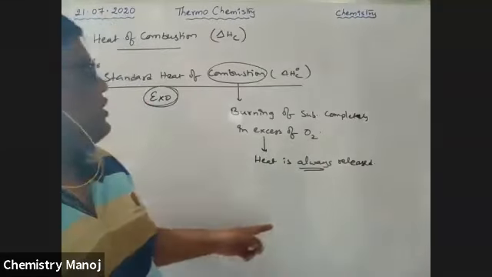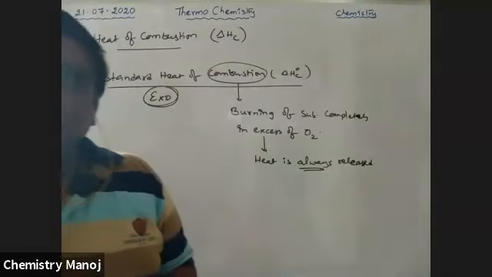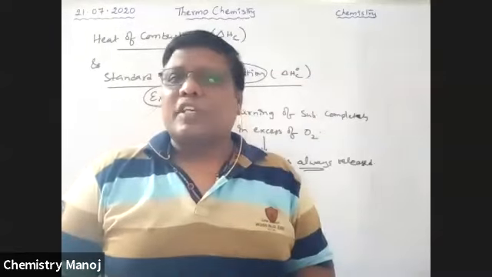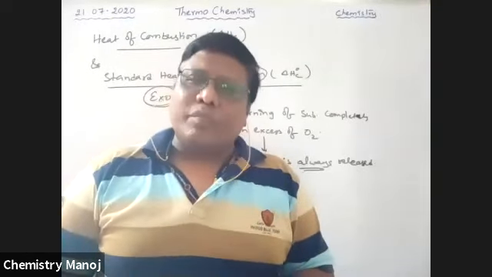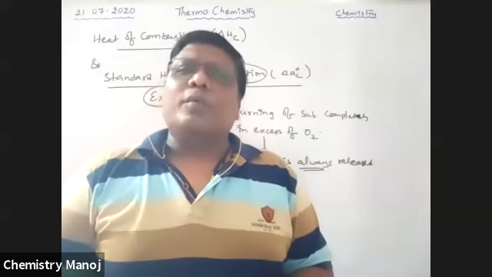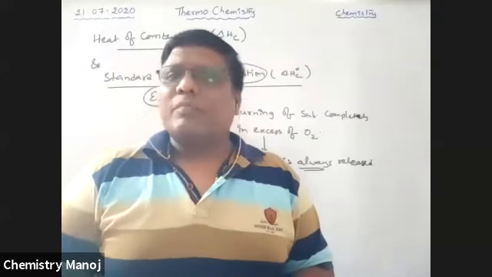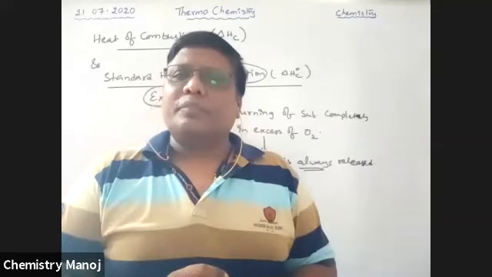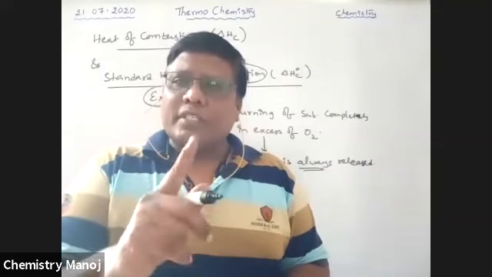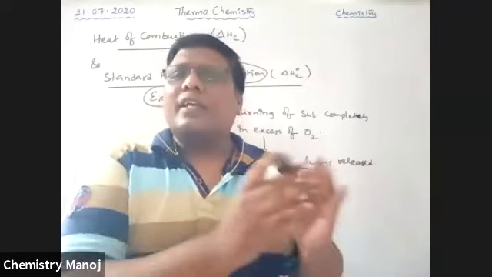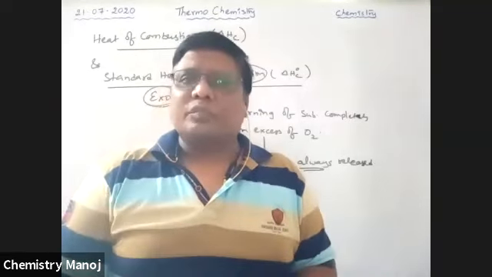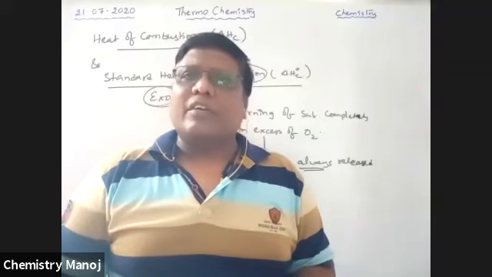During combustion of a substance, heat energy is released. That heat energy is called heat of combustion. How many moles of chemical are going to be combusted? One mole of substance. Some heat energy is released, and that released energy is called heat of combustion.